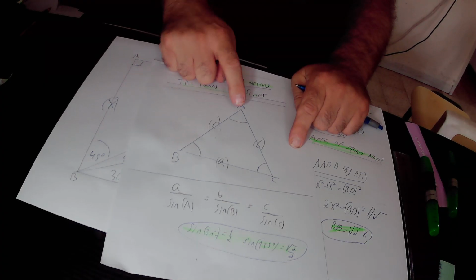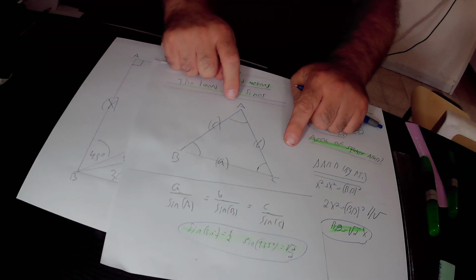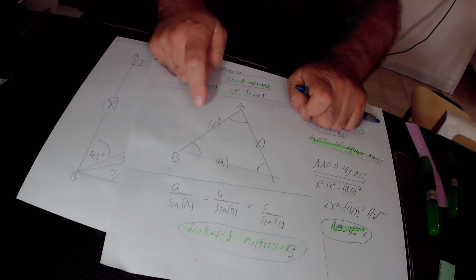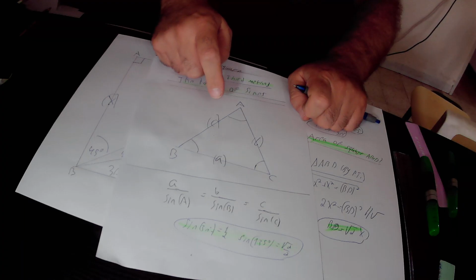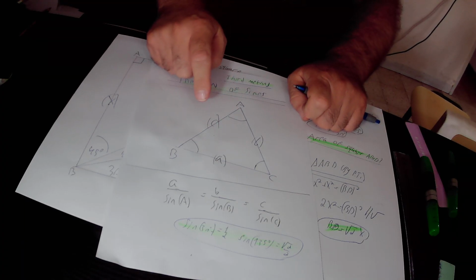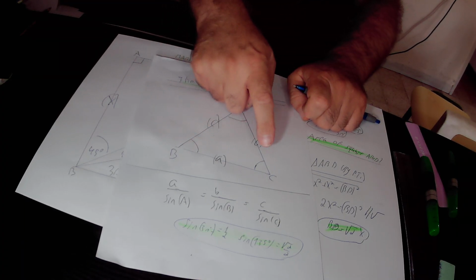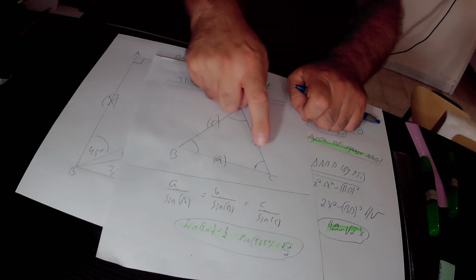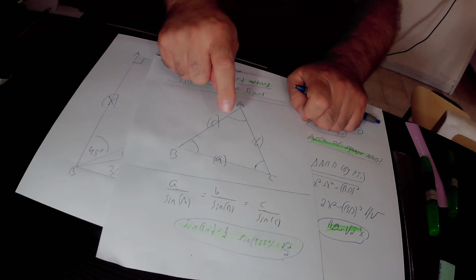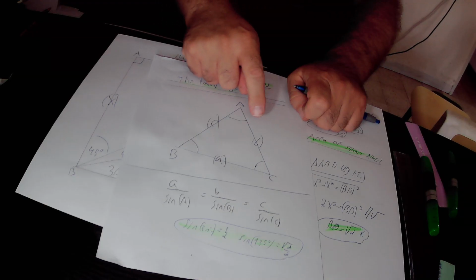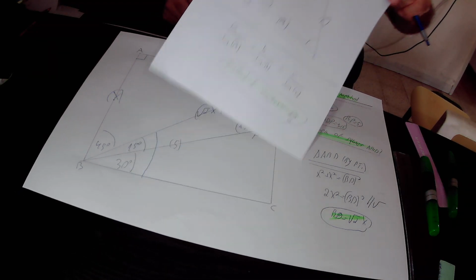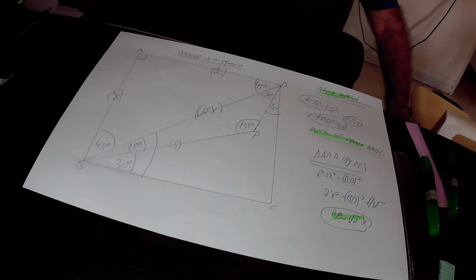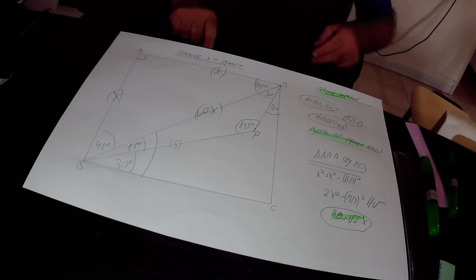The size of angle BAC is A, the size of angle ACB is C, and the size of angle ABC is B. According to the law of sines, a over sine A equals b over sine B equals c over sine C. So we can implement the law of sines in our drawing.